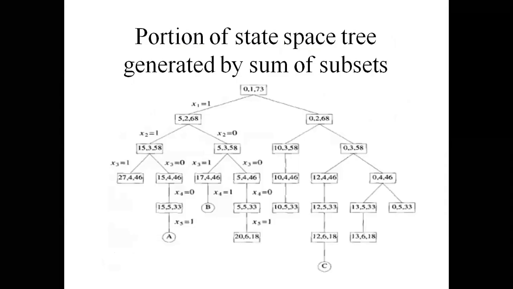The bounding function Bk of x1 to xk is true if and only if sigma i equal to 1 to k wi xi plus sigma i equal to k plus 1 to n wi is greater than or equal to m. What is m?